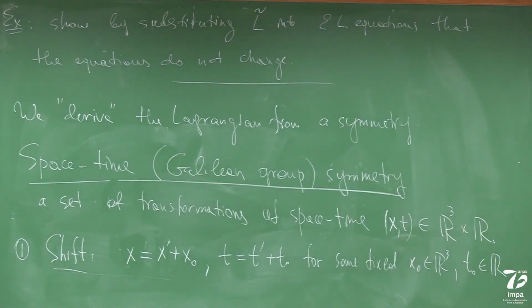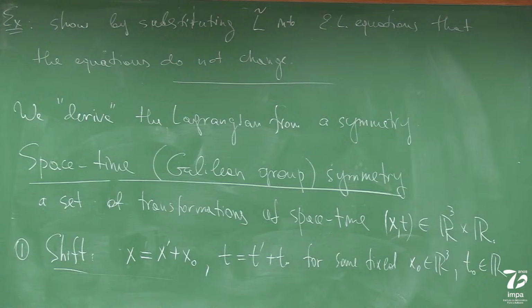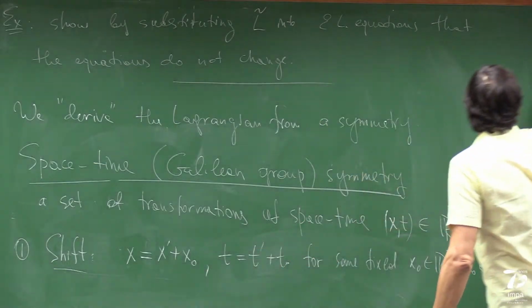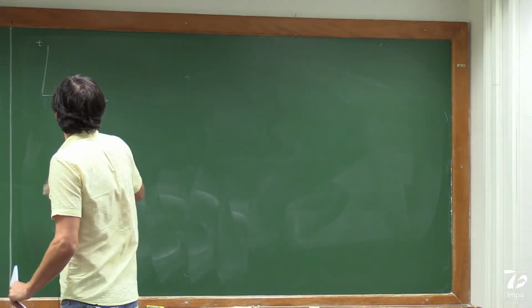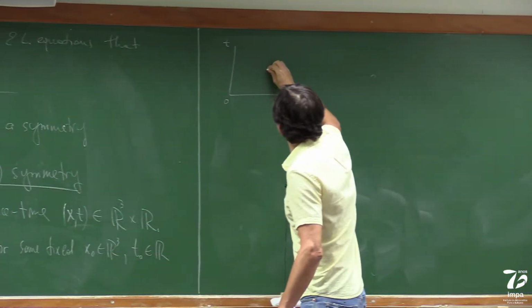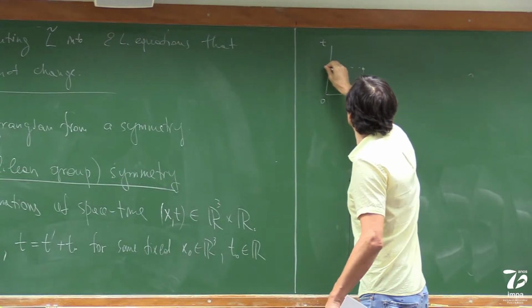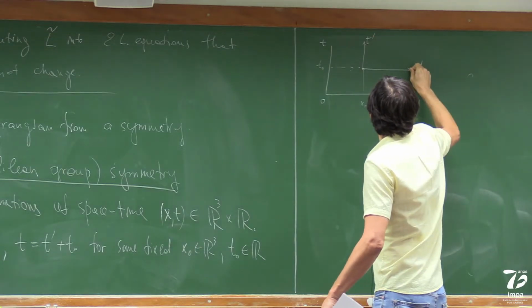So what it means is that if you have coordinate system x, t, and then you define new coordinates x prime, t prime, you should put the new coordinate system at the point x0, t0, and then it gives you a new coordinate system x prime, t prime, right?